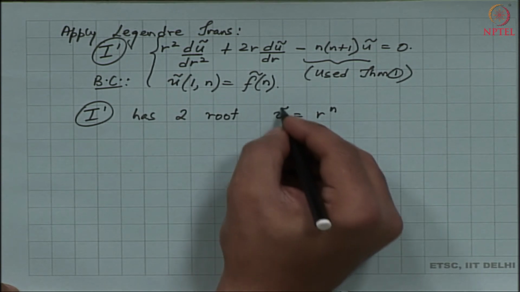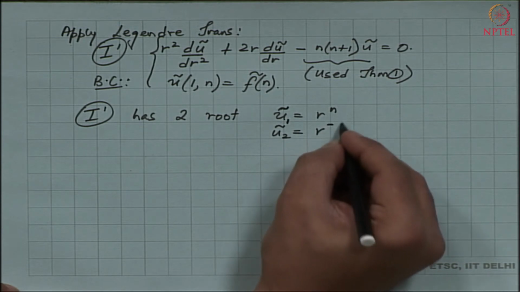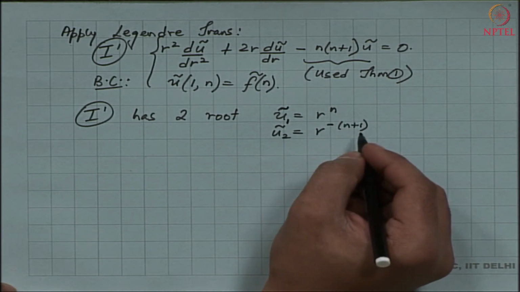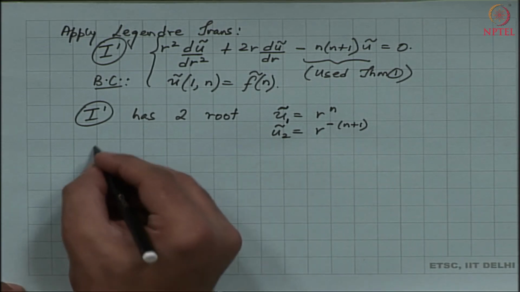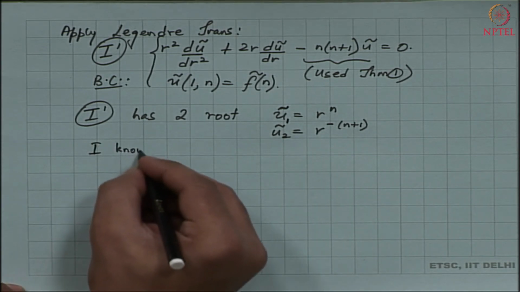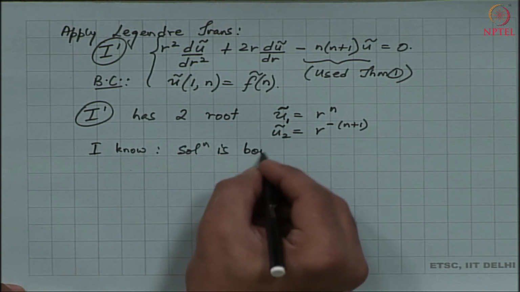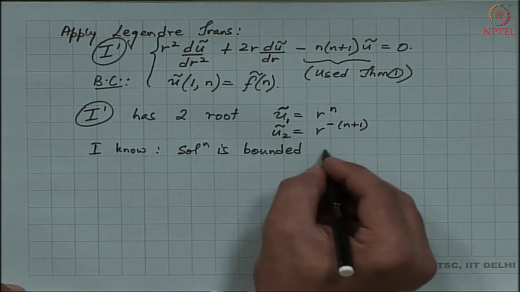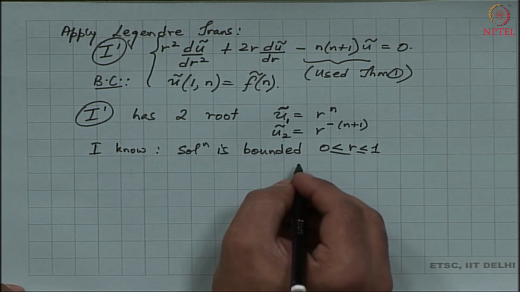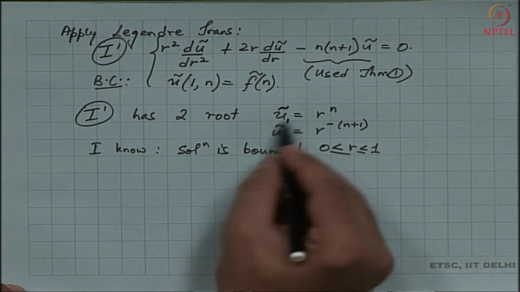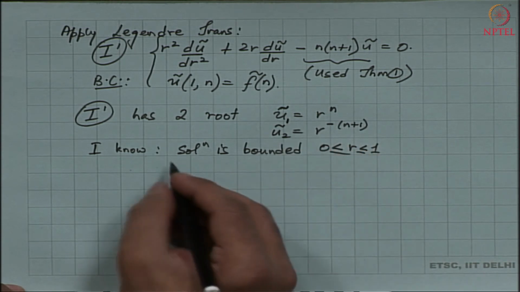Let me call this u1, and the second root is r to the power minus (n+1), u2. Also, I know that the solution is bounded from r = 0 to 1. If I were to take u2, the second solution, that would not be the case, right.